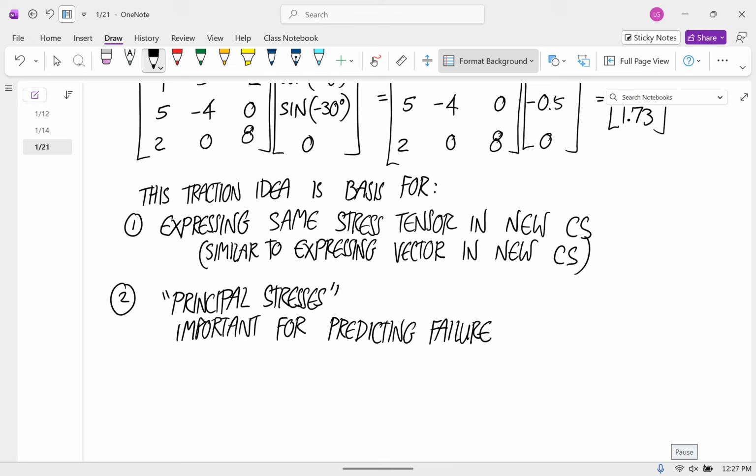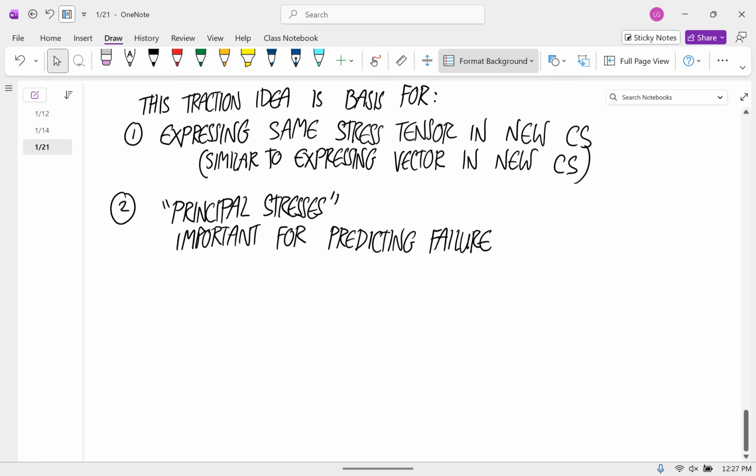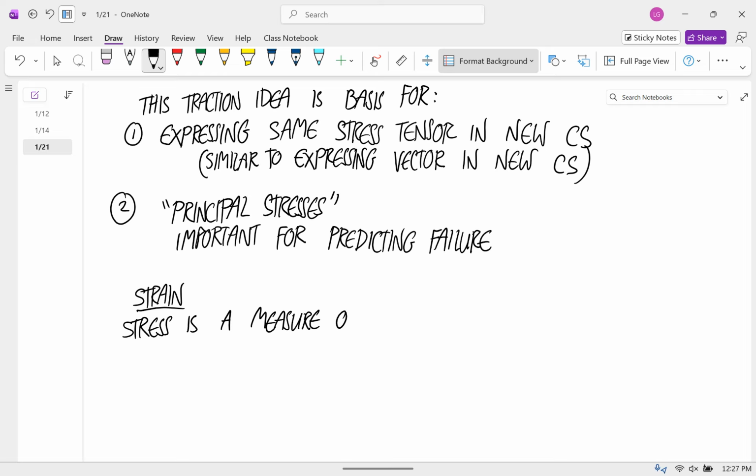Now we're going to go on to strain. So remember that stress is a measure of internal loading at a point. Strain is a measure of internal deformation at a point. So, okay, let me get that in here. Stress is a measure of internal loads at a point.